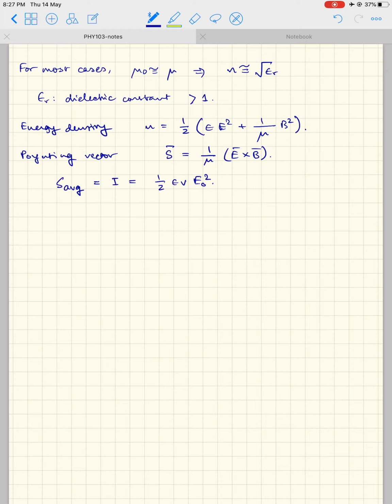This is something that we derived last time round. Now all that we have done is replace the velocity of light in vacuum c by the velocity of light in that medium v.